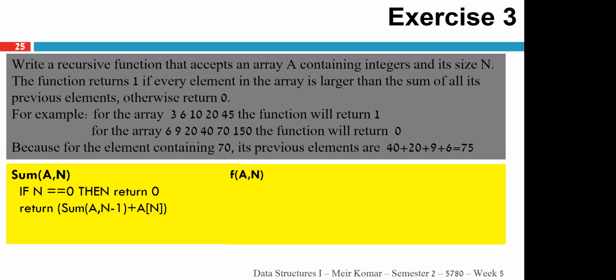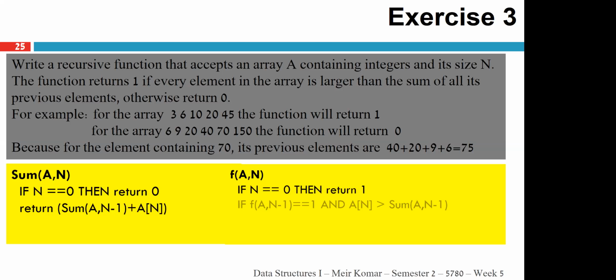My function gets a and n. If n is equal to 0, I'm going to return 1. 1 here means true, what we were talking about beforehand. If I got here, when n is equal to 0, obviously it's true. It's bigger than its previous numbers.